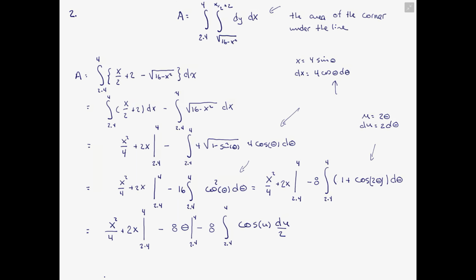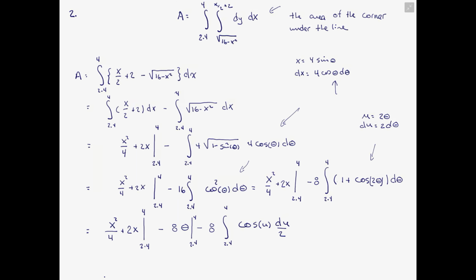Also noticing that the argument of the cosine function, 2 theta, is not problematic, but it is just another dimension that adds to this problem. So I make a u substitution for 2 theta.